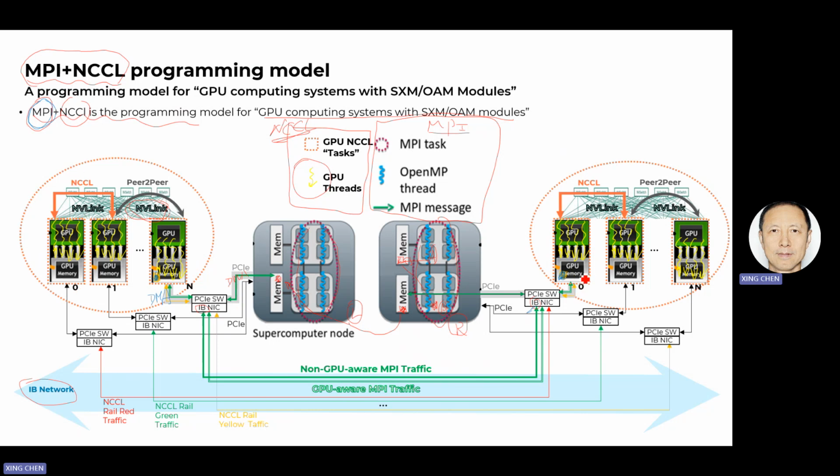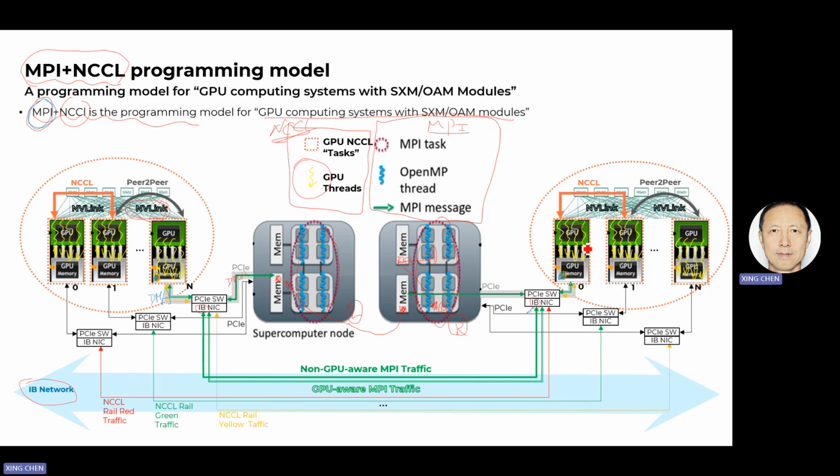And each GPU is conceptually like a NICO task, like an MPI task, and it holds lots of GPU threads. So these NICO tasks need to communicate with each other, intra-node and inter-node.